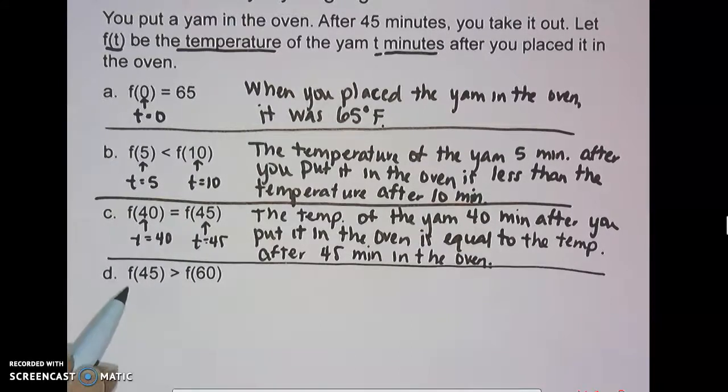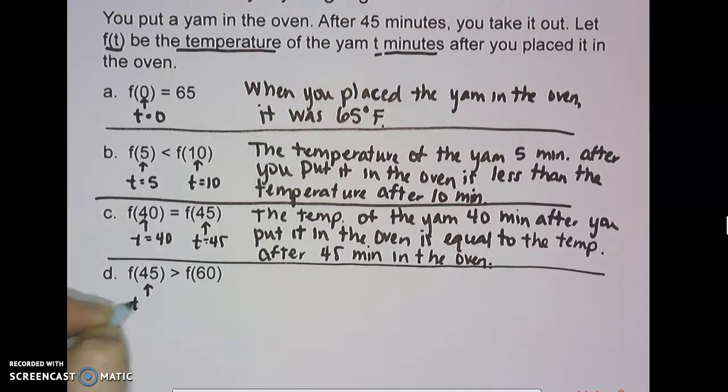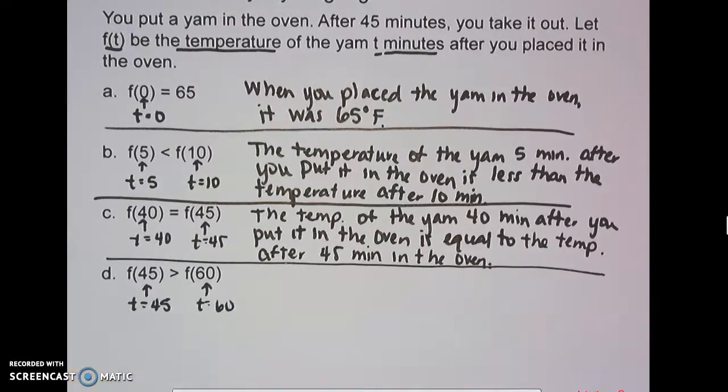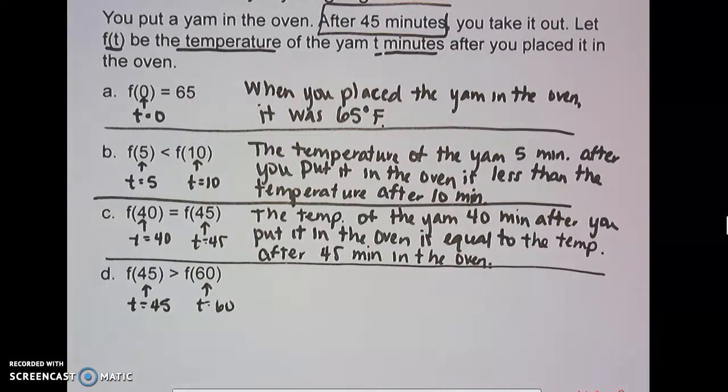All right, f of 45 is greater than f of 60. f of 45 is greater than f of 60. So this means that our time elapsed is 45 minutes, and here our time elapsed is 60 minutes. Remember, you took it out after 45 minutes, okay?